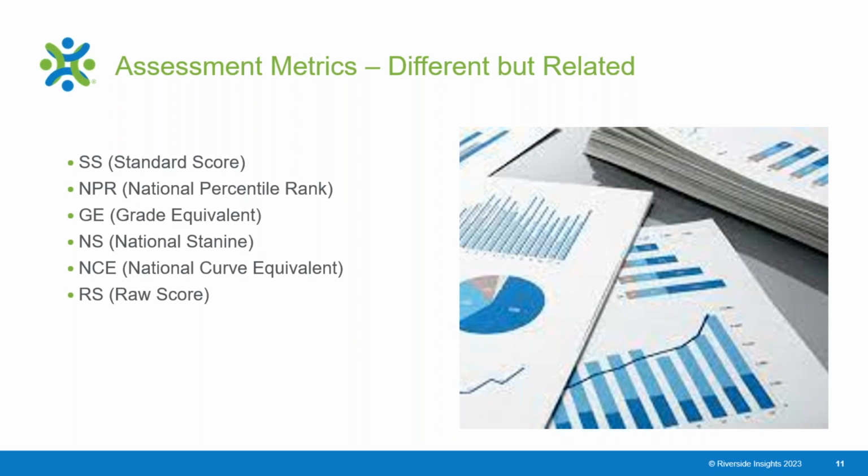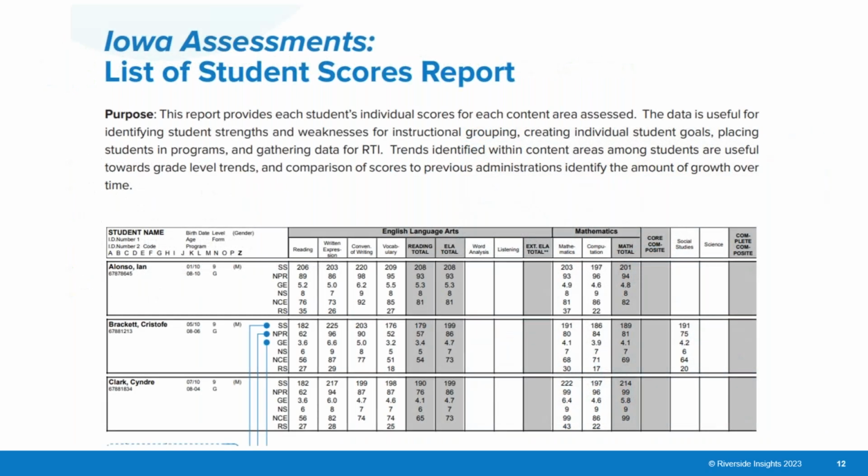So the next slide is one of the handouts that Allison has posted for this webinar. This list of student score reports, I just put up there to show those 6 different metrics and where they appear in a list report such as this. You can see across the top, obviously, are the testing areas, but then for each student that has been tested, he or she has 6 different metrics reported here.